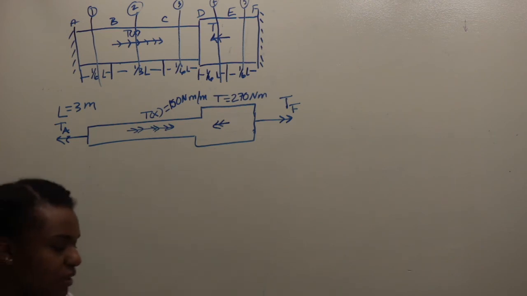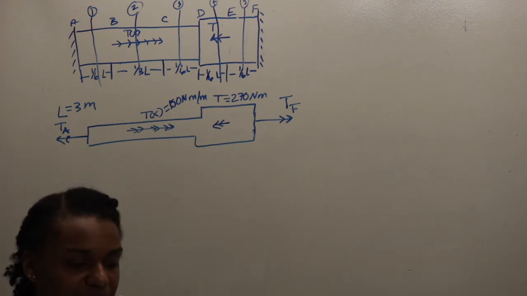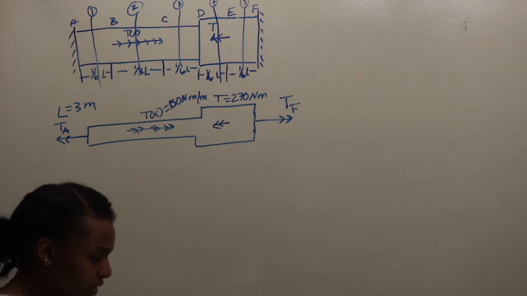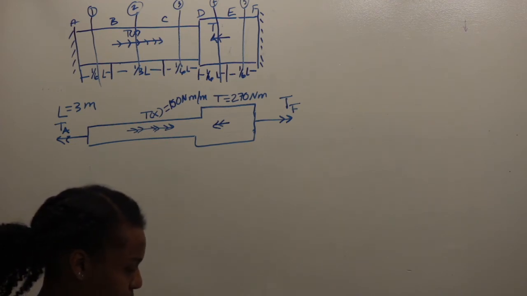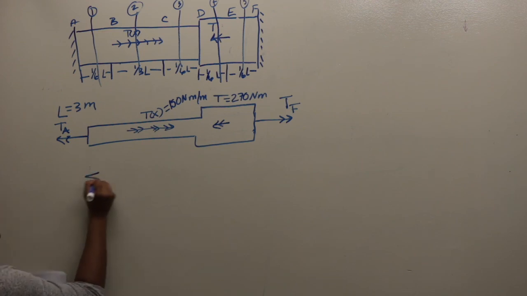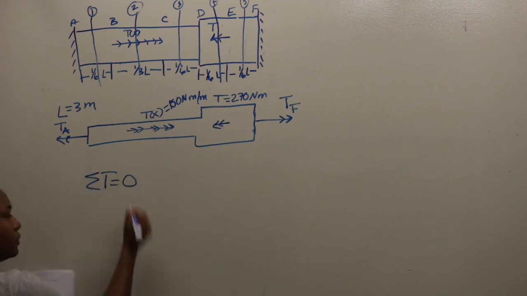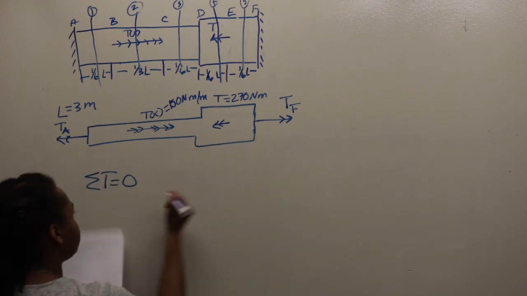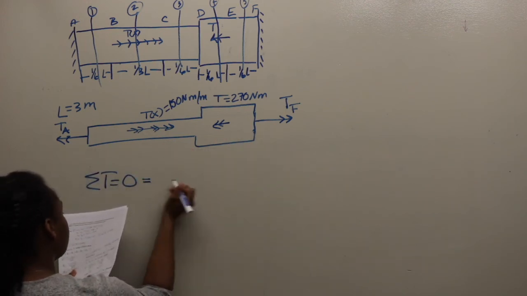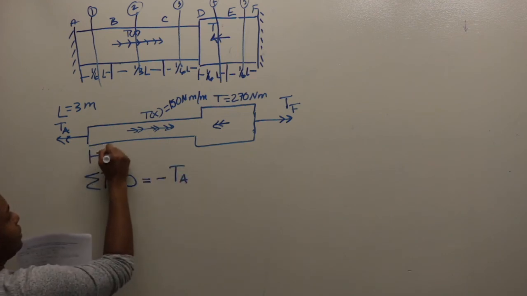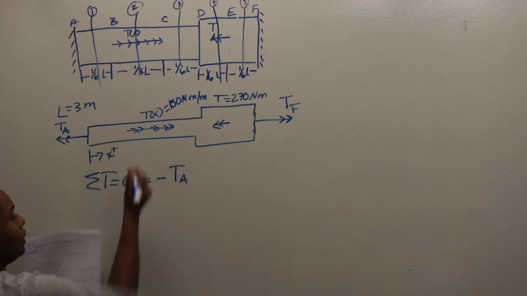So develop the equations of equilibrium, compatibility, and torque displacement. So first we're going to do the equilibrium equations. So I'm going to do the entire bar. So sum of torques is supposed to equal 0 for equilibrium. So if you use these, 0 equals negative TA, because our x direction is this way, so our positive direction is that way.